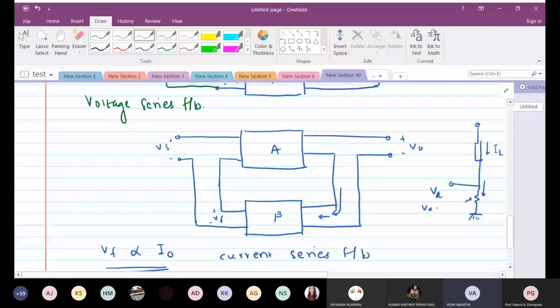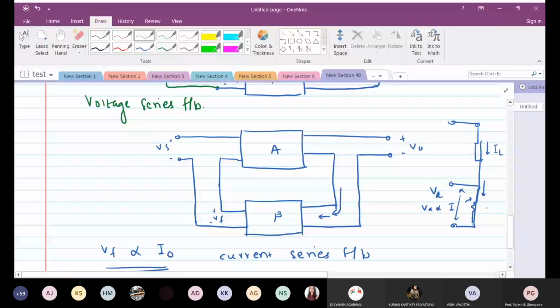Yes, sir. Okay, many times even the ground is not there, so it is floating. Again, the concept of floating ground, floating load and grounded load. If this is the return path, I can still have a resistor here and measure the voltage across it, which gives me a voltage proportional to the current flowing through the load itself. How?